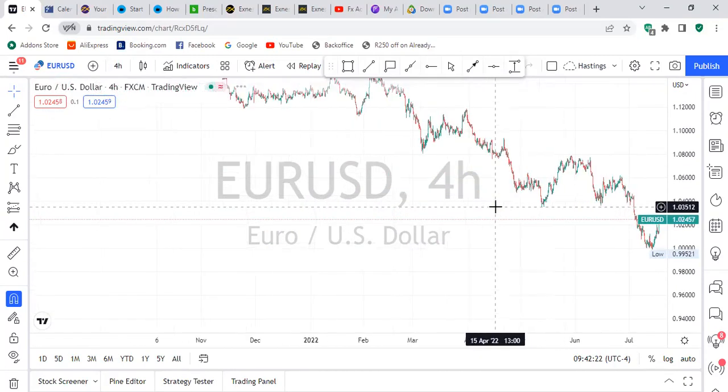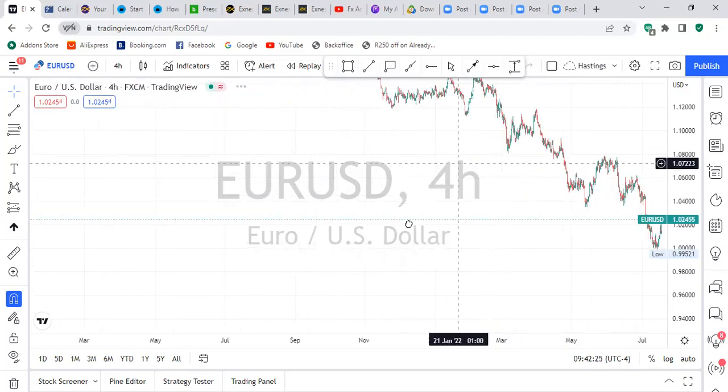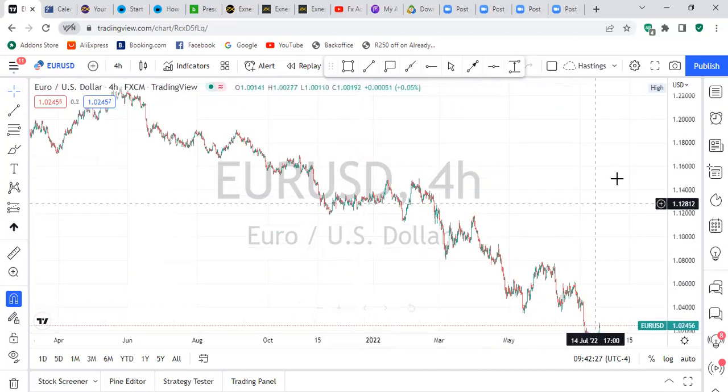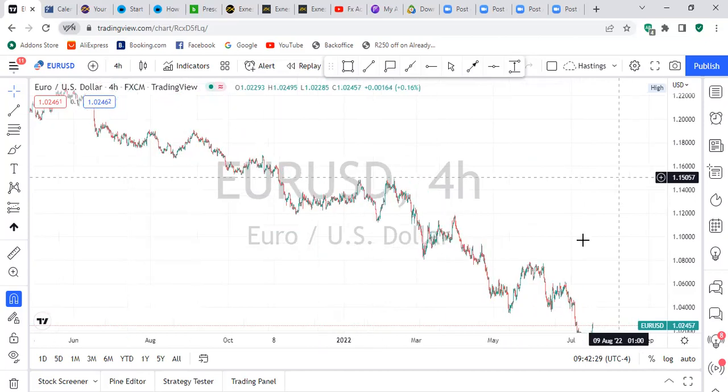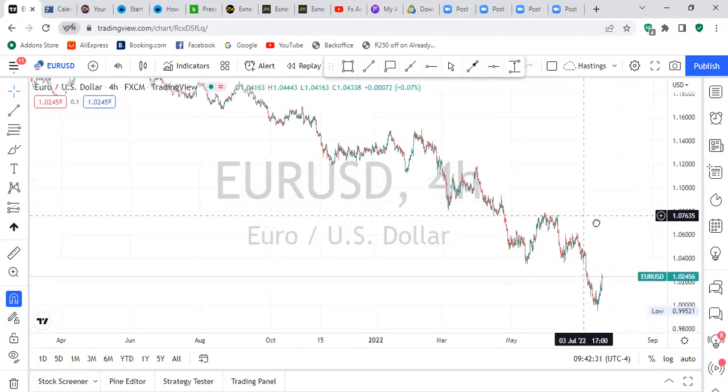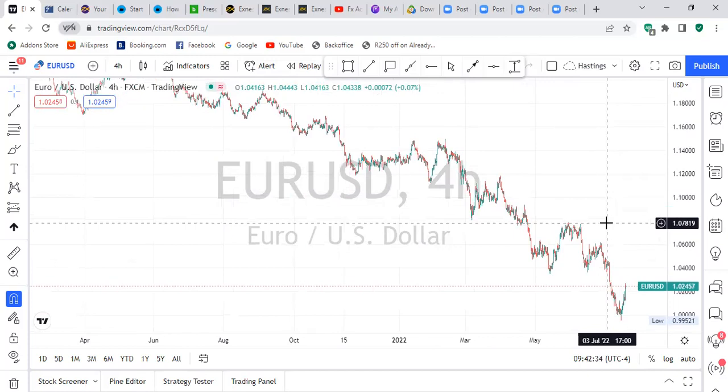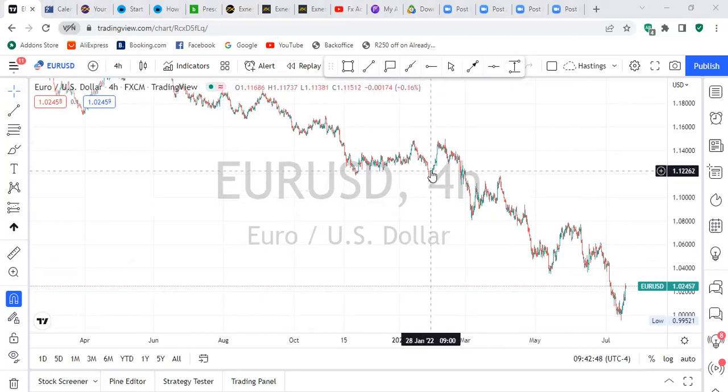You zoom out like this to have more information, more data on your screen. You zoom out like this, right? Sorry for that. Let's say the strategy that we are going to use to make money is support and resistance and trend lines.